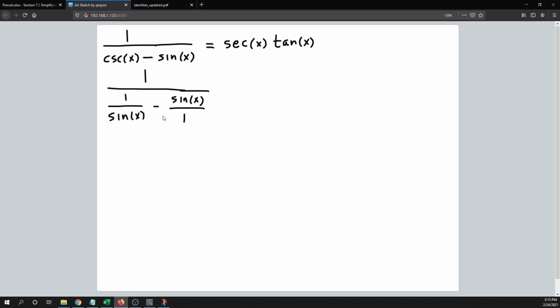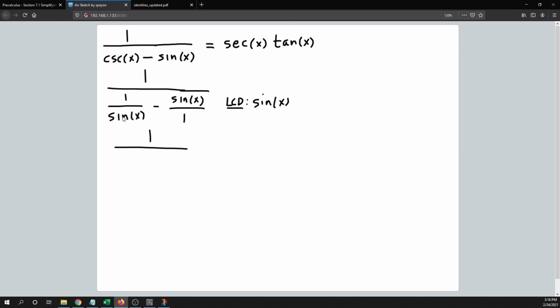They don't have a common denominator, so I need to get one. Here we only have two fractions, and one of the denominators is 1, and this one's sine x, so that means sine x is going to be the LCD here.